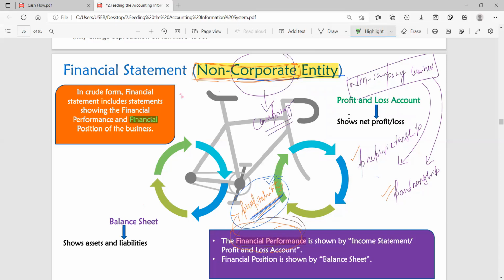I mentioned financial position here, and the first part I told you was financial performance. Financial performance is the profitability, and now financial position.